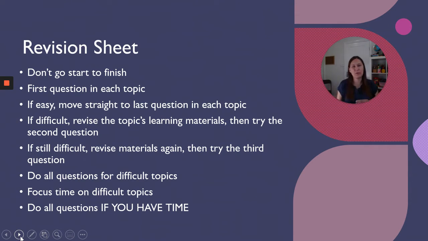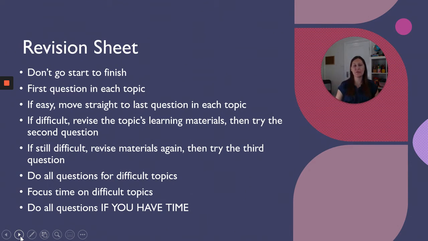And that might be because you were away or something when it was taught, but it could also be because it's just a little bit of a more complex concept for you to grasp. And so if I were you, I would take advantage of as much revision on those topics as possible. But again, not at the expense of other topics that might be on the revision checklist. Don't focus all your time on one topic that you find challenging and then run out of time to look at all the other topics, okay?